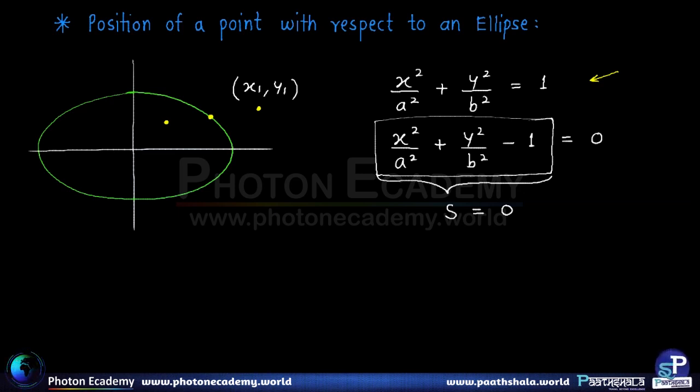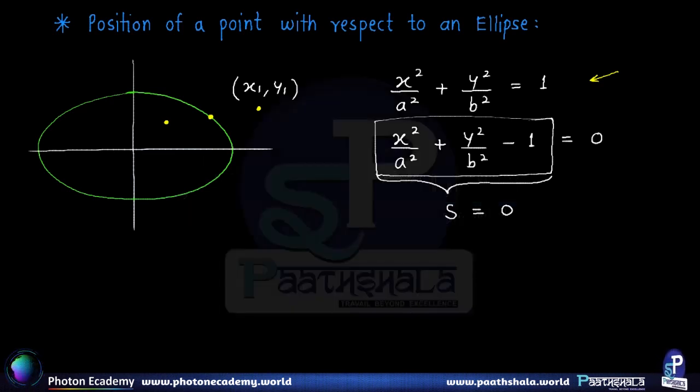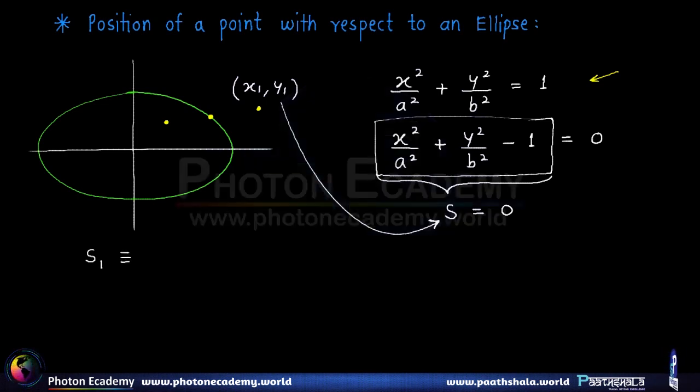Now, to find the position of a point with respect to an ellipse, all we have to do is substitute the point in the left hand side expression S, and that's what we call S1. So that means S1 corresponds to x1 square upon a square plus y1 square upon b square minus 1.